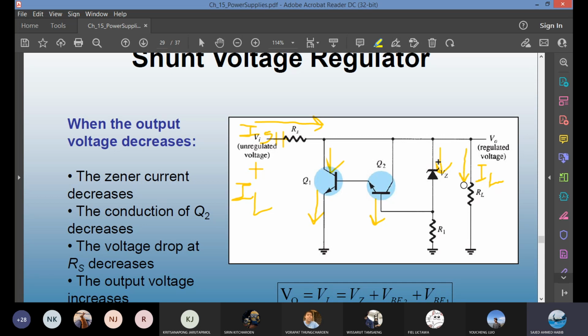So to fix the situation, we have to provide more load current, right? If you want to provide more load current from the main supply, you decrease the amount of shunt, which means IL has to go up. So through the less conduction of Q2, which results in less conduction of Q1, this shunt current is now less. So the additional current which you have extra, you can put through IL.